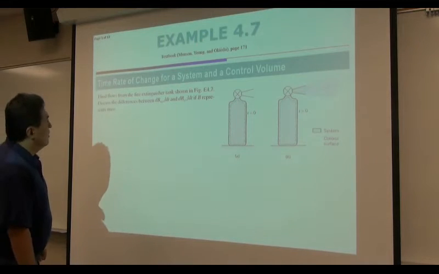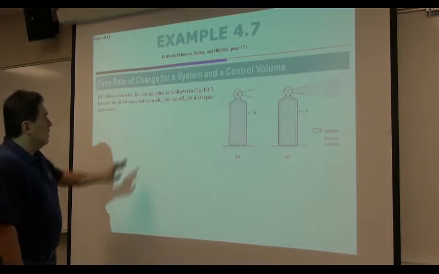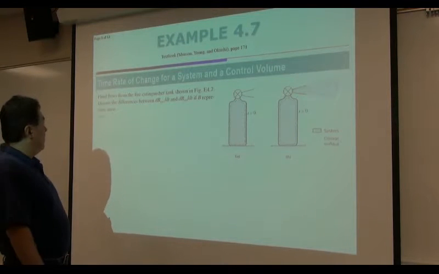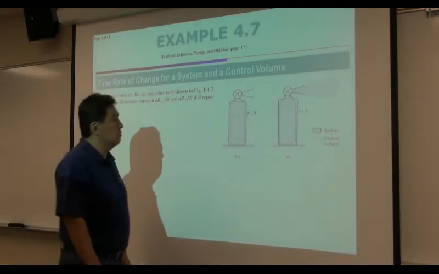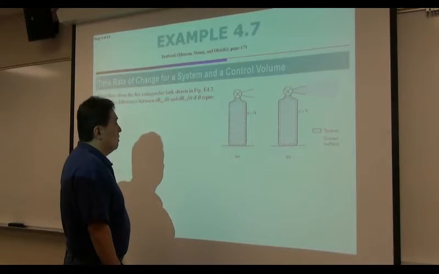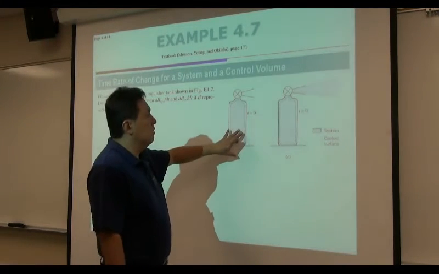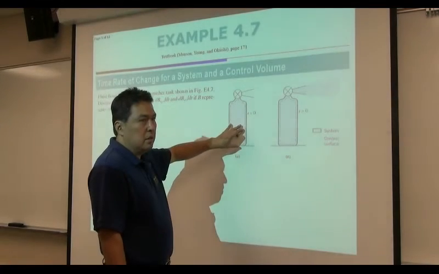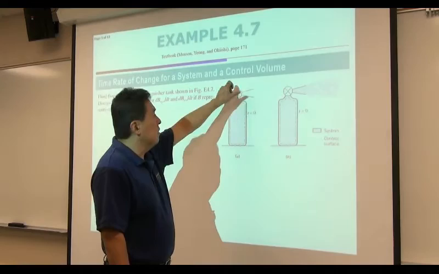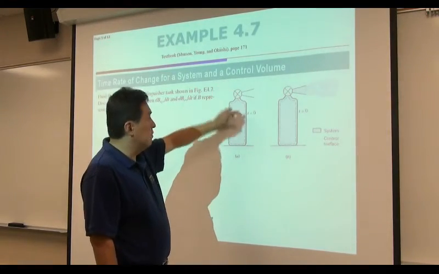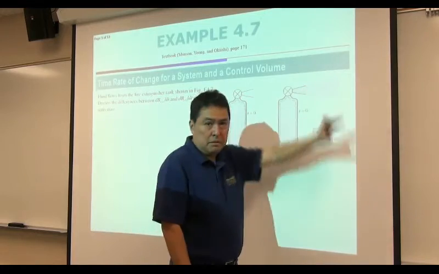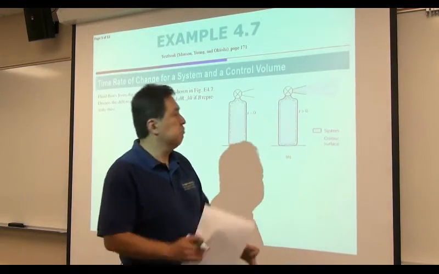Let's discuss the differences between dB_sys/dt and dB_cv/dt, if B represents mass. So this is the time equal to 0 of the fire extinguisher. At time equal to 0, you're going to open the valve, so let the fluid inside of this tank shoot out and let it go.